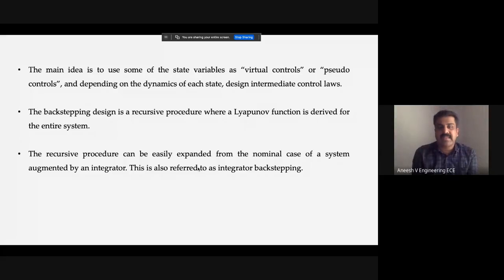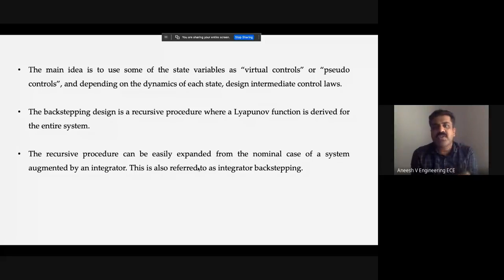That is, if we have a system, we need to give certain control variables. Here what we need to do is set certain virtual controls. We find the equation for the controllers, and we give these virtual control equations to that particular subsystem.